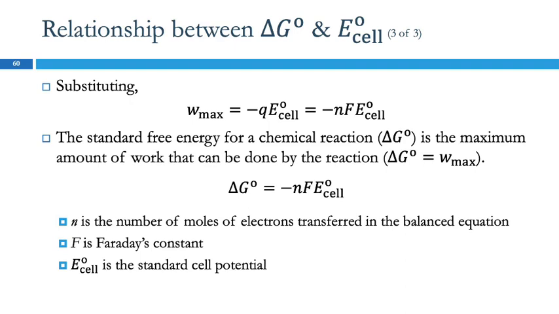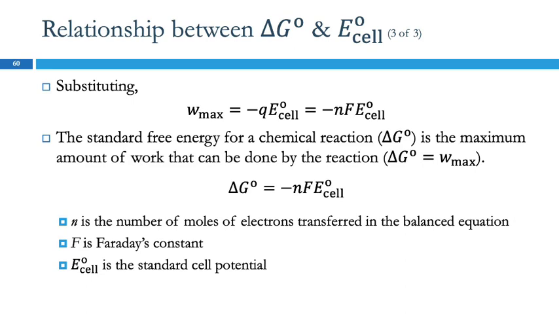So we can substitute that into the equation we looked at relating the work. Work was negative Q times the standard cell potential. So we're going to substitute nF for the Q. We know that the standard free energy for a chemical reaction is the maximum amount of work that can be done by the reaction.